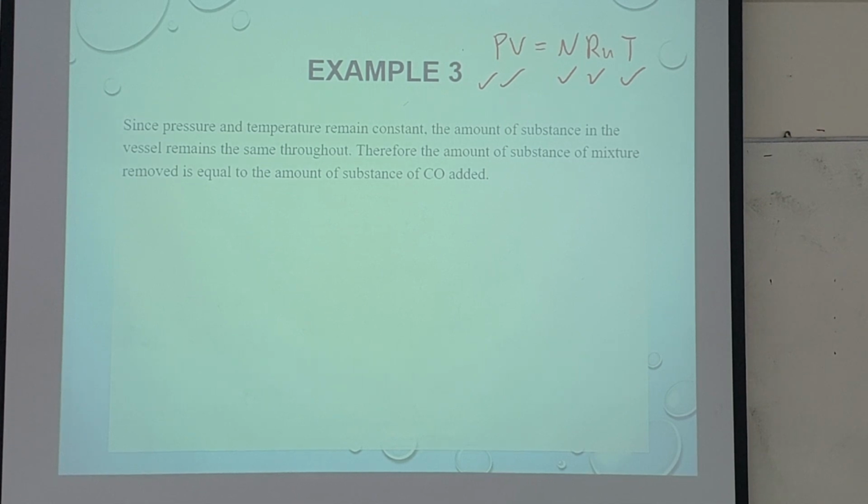Do you understand the last sentence? The mole or the volume of the mixture that you remove will be equal to the volume of the CO that you're adding to the system. Let's use Milo as an example. You make 1 liter of Milo.